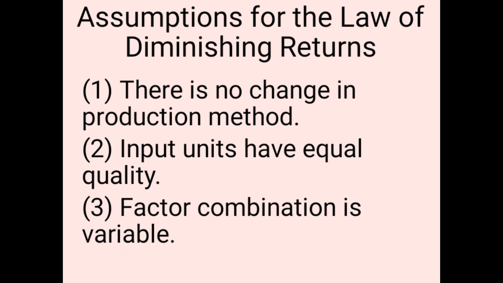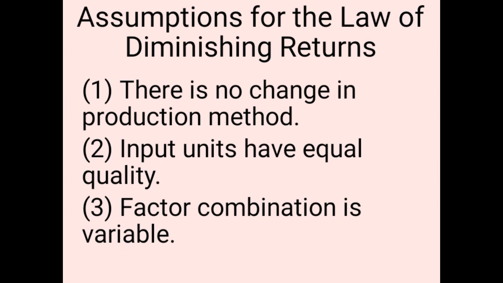It is assumed in this law that there is no change in the method of production. It is stated here that the method of production is kept constant. We do not need to change technology, or structure, or method of production.